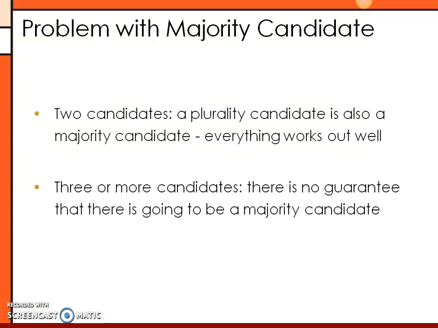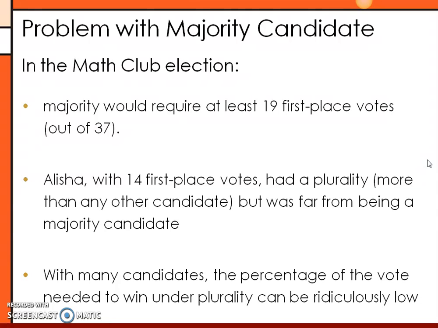So if you have 4 candidates and the votes are pretty evenly spread, say if one person got 26% and everyone else got just under 25%, the 26% person would win, so they'd be nowhere near the majority. In our math club, one example of that is that it would take 19 first place votes out of 37 to get a majority, and A, who only had 14 first place votes, won. So you don't have to get anywhere near 50%.